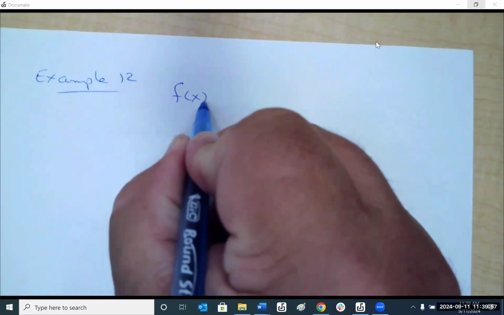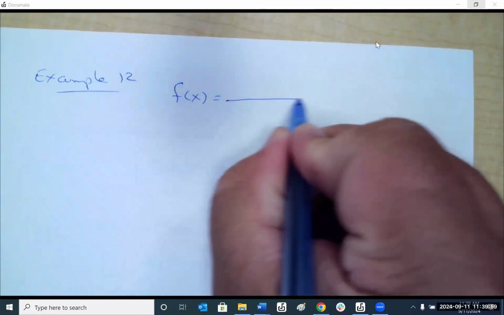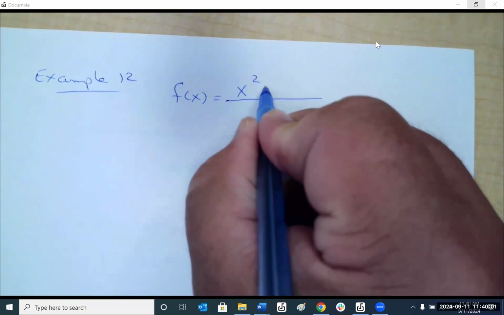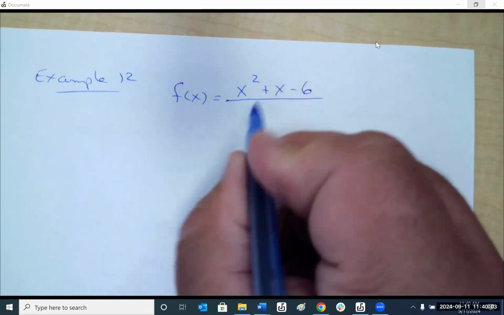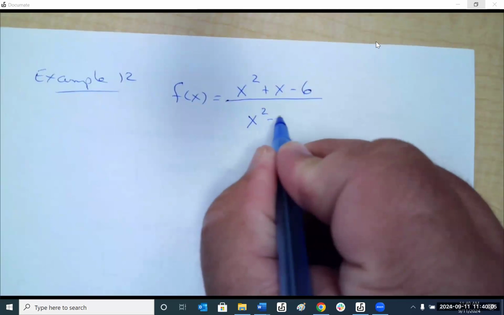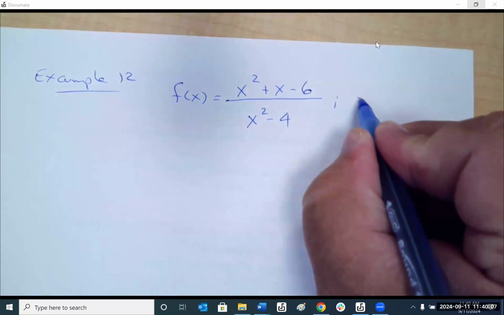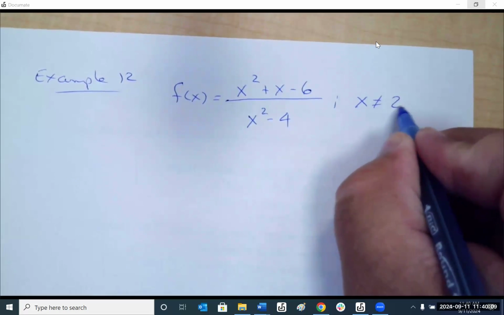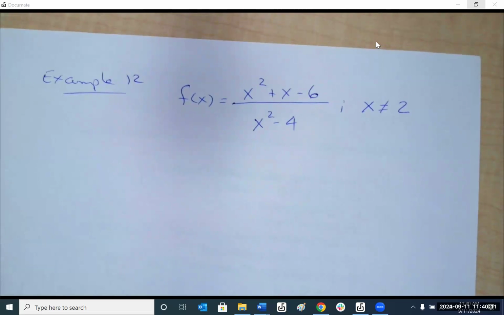F of x is equal to x squared plus x minus 6 over x squared minus 4. We cannot use positive 2, or negative 2, because it'll give us a 0 on the bottom.